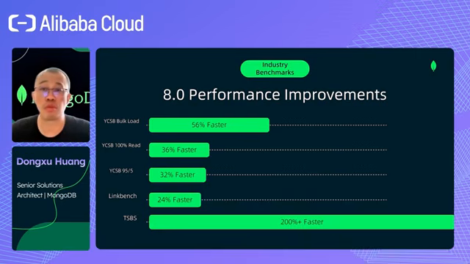We also improved the YCSB benchmark by 36% or even better for the 100% read test. We also see a big improvement, about 32%, in the test of 95% read and 5% write scenarios. For LinkBench, which, as I said, is focused on a social graph, we have improved performance by 24%. And lastly, for time series, we have a dramatic 60% faster.